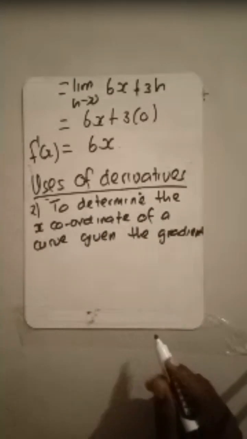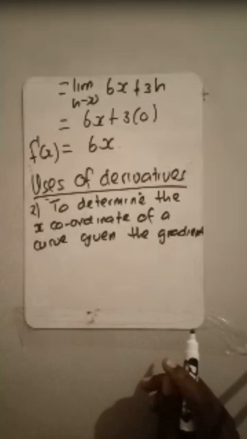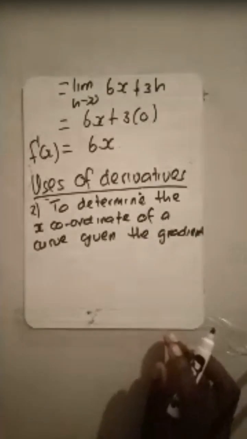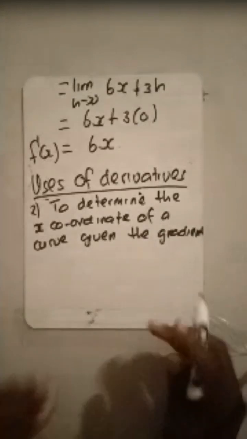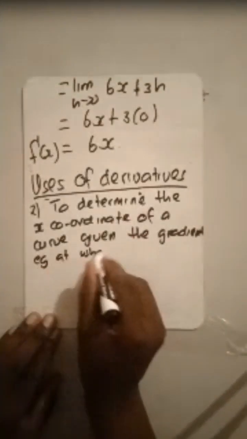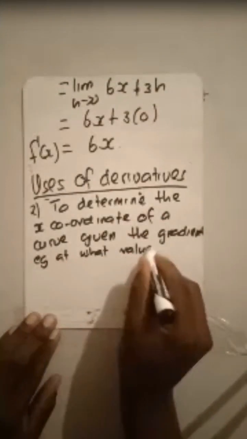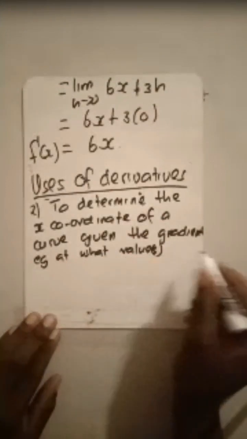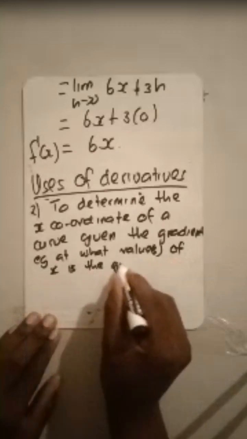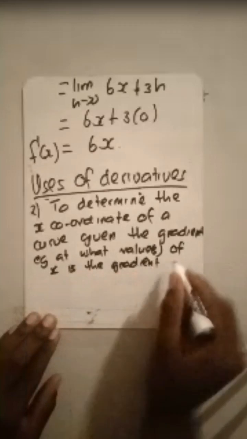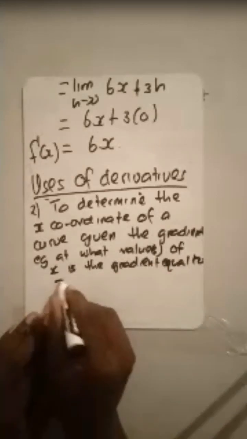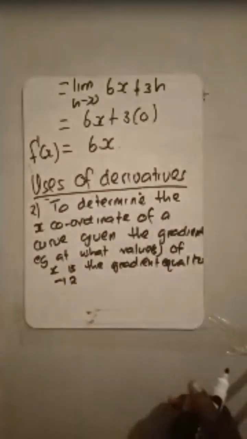So they'll ask a question like, at what values of x is the gradient of f equal to, let's say, -12? Right?